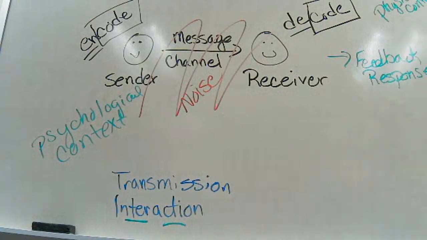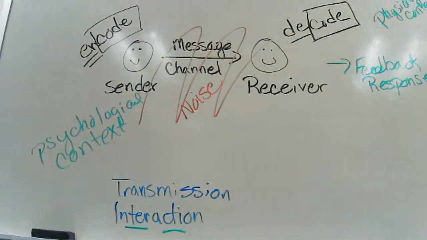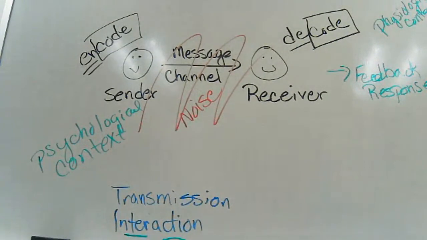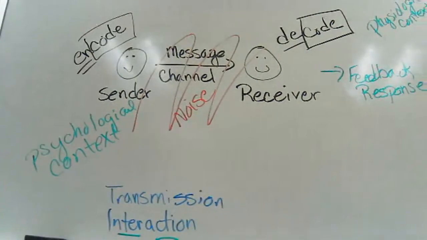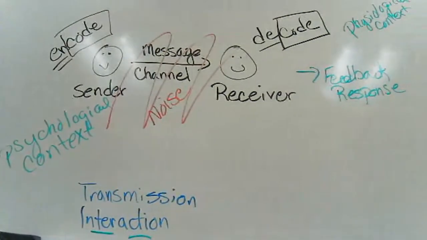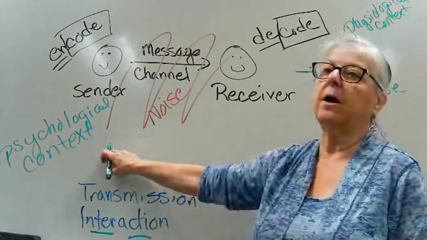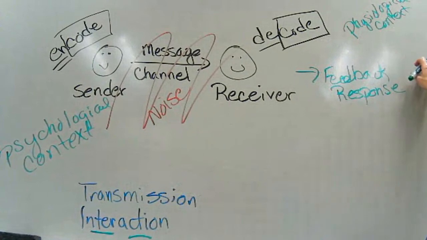Okay, context refers to the when and the where and everything of where you are. All right, so let me put this up just a little bit so that you can see. Okay, now, I've already told you what kind of psychology is going on. I've also talked to you about physiological.